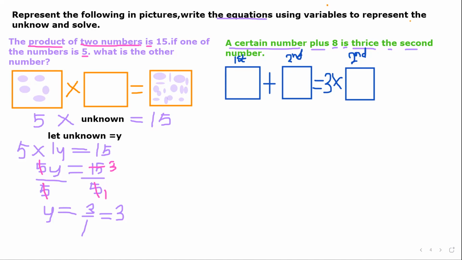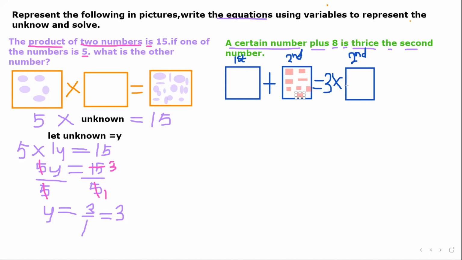Now let's quickly use the shapes. So the first is a certain number that we don't know, okay? But the second number is 8. So 1, 2, 3, 4, 5, 6, 7, and 8.